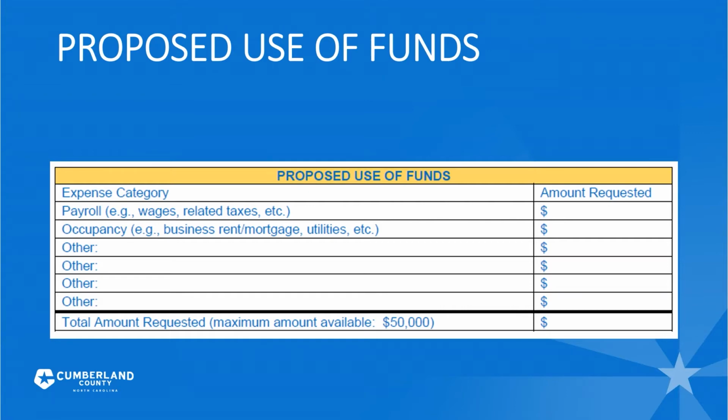And again, it must be used for an eligible purpose to include payroll, mortgages, rent, costs associated with mitigation or prevention of COVID-19, such as physical plant changes to enable social distancing, enhancing your cleaning efforts, barriers or partitions, or COVID-19 vaccination, testing, or contact tracing programs.